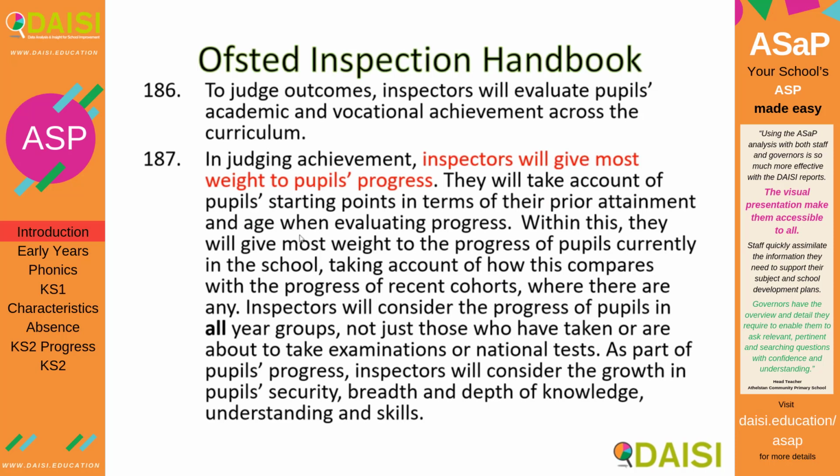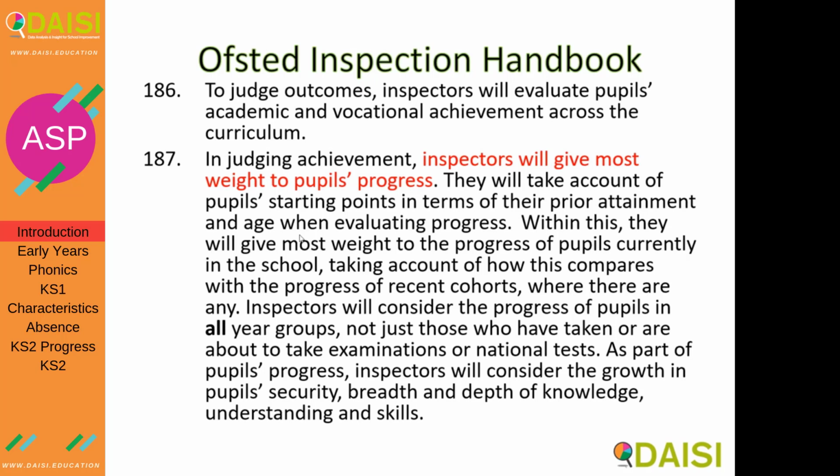And in paragraph 187, we see that in judging achievement, inspectors will give most weight to pupils' progress. However, Ofsted seem to have rolled back from that at the Key Stage 1 area. It used to be in 2016, 2017, that you had measures looking at the difference between early years and Key Stage 1. Now, those measures have disappeared.